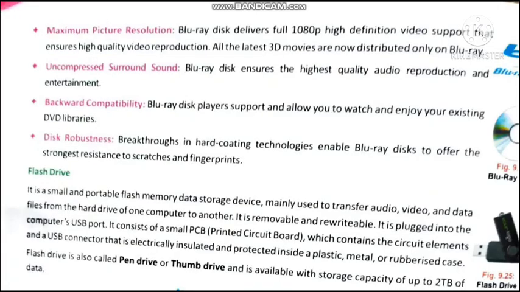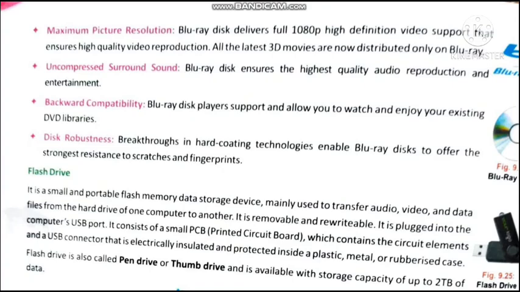Next, maximum picture resolution. The quality of the videos will be high definition, up to full 1080p, which is much more in comparison to your DVDs. Basically, these are used for 3D movies and all. Then uncompressed surround sound. Here sound quality is also better in comparison to DVDs.